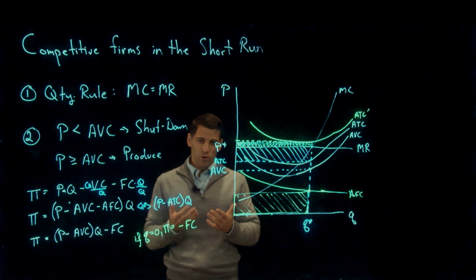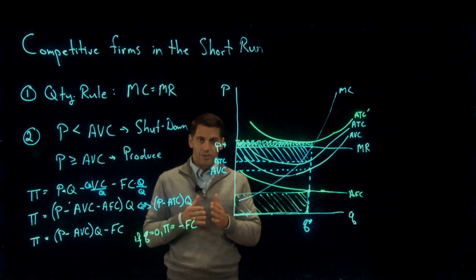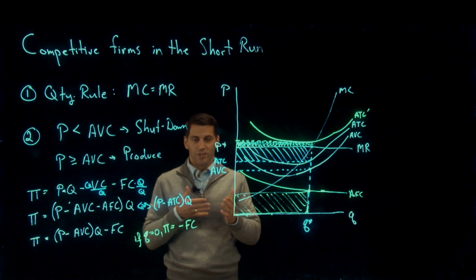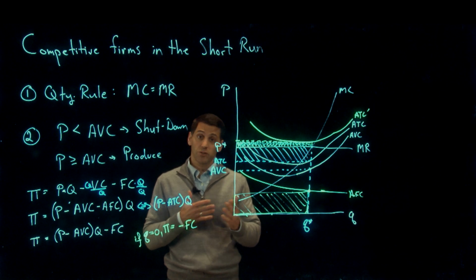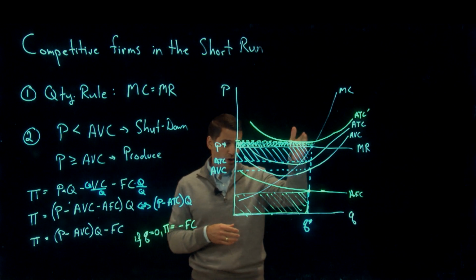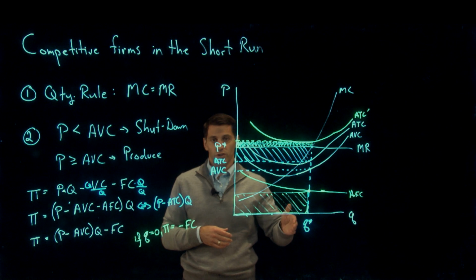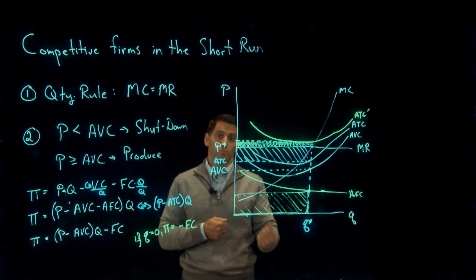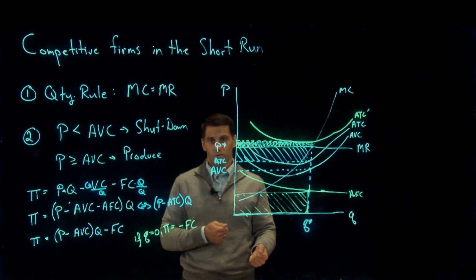So in the short run, you can think about it as profit maximization or in some instances, loss minimization. Q star is the optimal quantity that we're producing here in order to maximize our profits or minimize our losses in the short run.